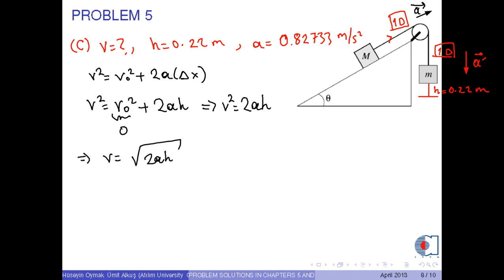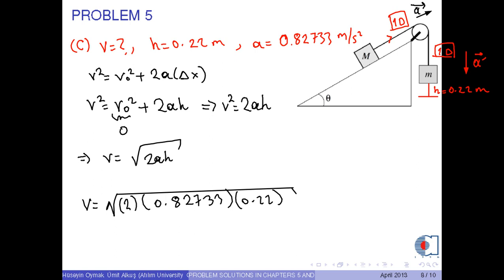Therefore, the formula for speed will be v equals square root of 2 times a times h. Finally, we put the corresponding values here as square root of 2 times 0.82733 meters per second squared times 0.22 meters, which is approximately 0.603 meters per second.